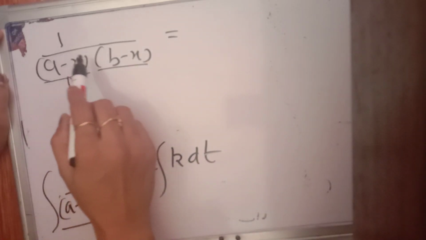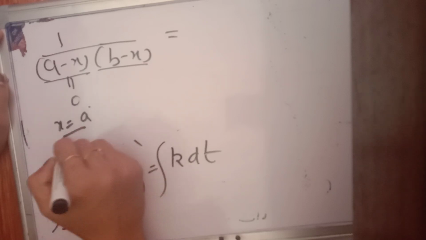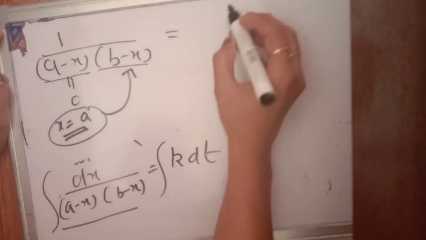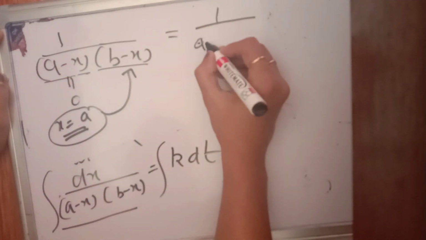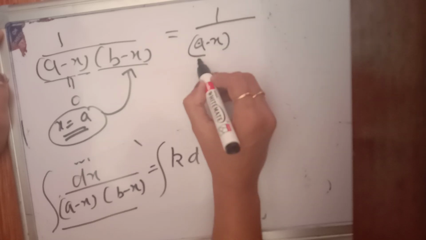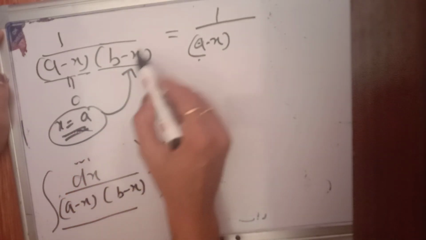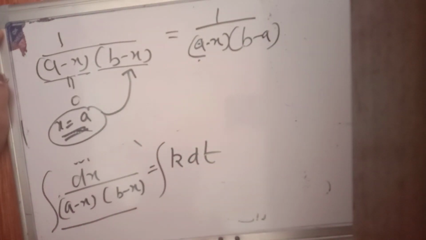First of all, we'll put a minus x equal to 0, and from here x will come out to be a. We'll put this value of x in the other term, so it will be b minus a. This is the method of partial fraction.